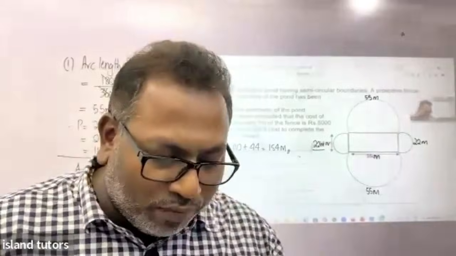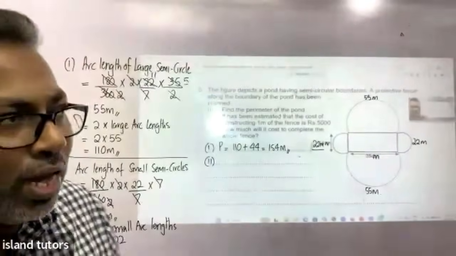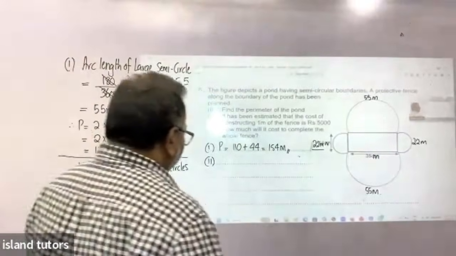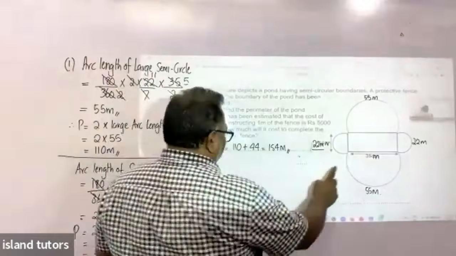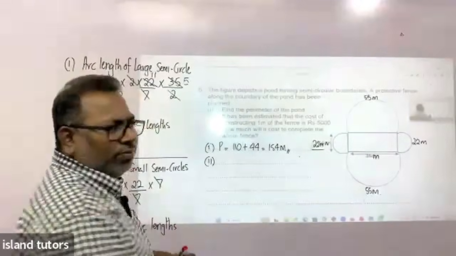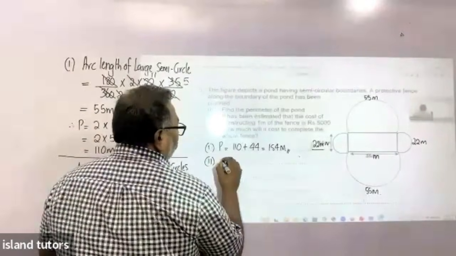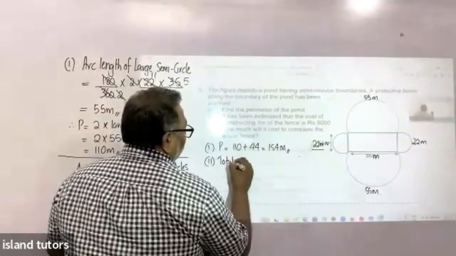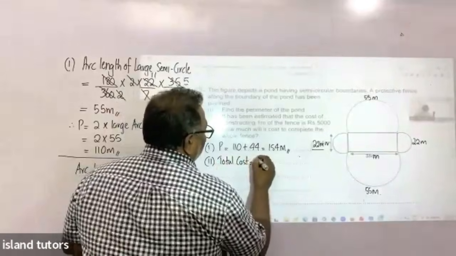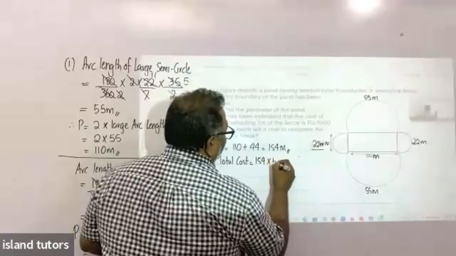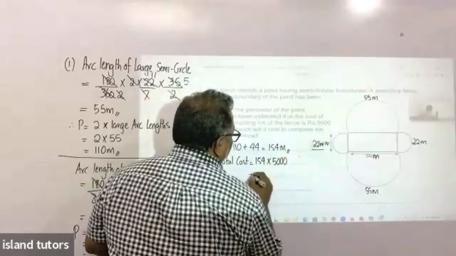So the whole fence is 154 meters. Each meter is 5,000 rupees. So what is going to be your total cost? Total cost is 154 into 5,000.